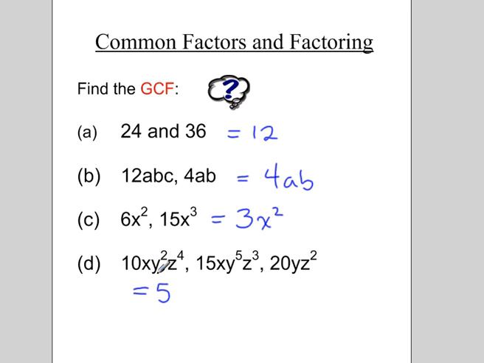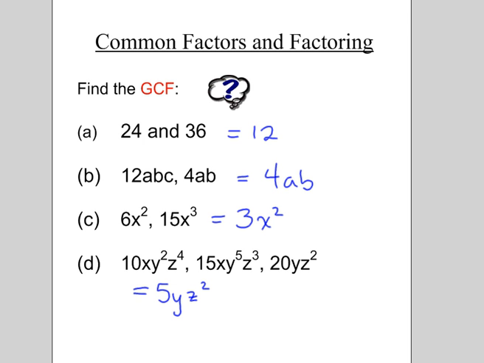This has a Y squared, this has a Y to the 5, and this has a Y to the 1. And so the smallest one that they have in common is the Y, or Y to the 1. This is Z to the 4, Z to the 3, and Z to the 2. So the smallest one they have in common is Z to the 2. And so those are examples of finding common factors with algebraic terms.